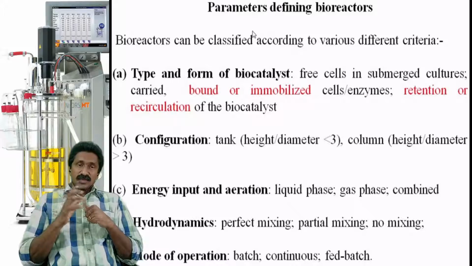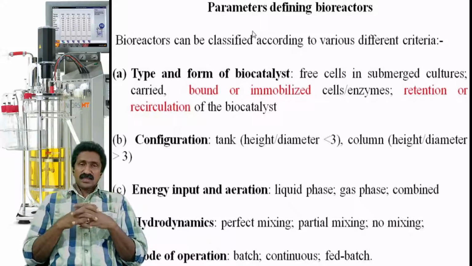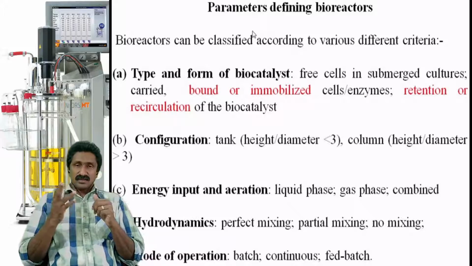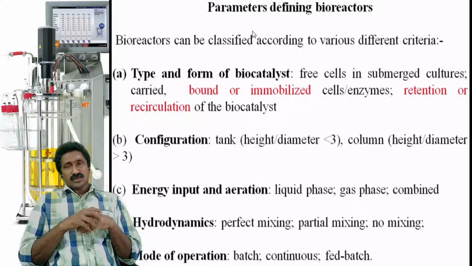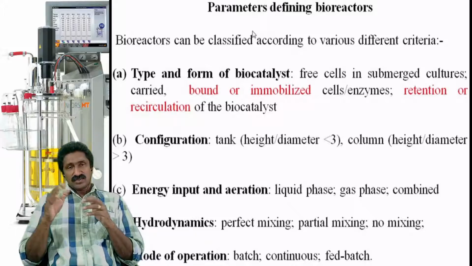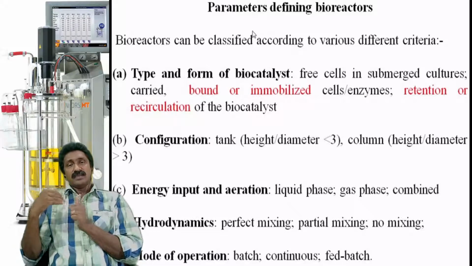Another configuration of the tank, the reactor vessel. Usually the height to diameter ratio should be less than 3. In a column reactor, the height to diameter ratio should be greater than 3.